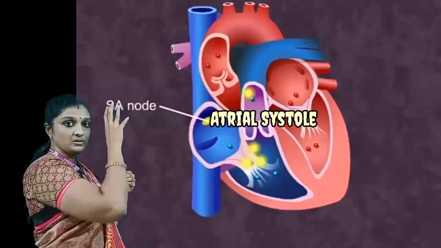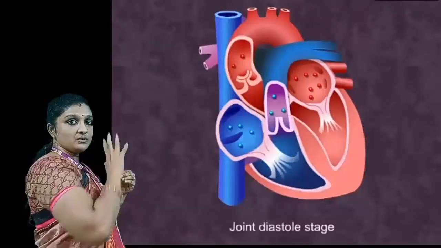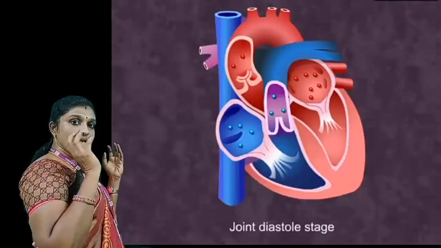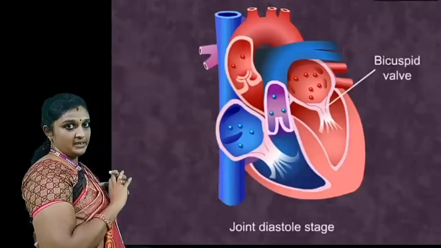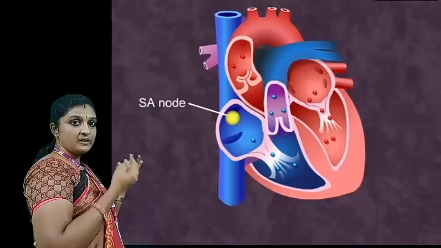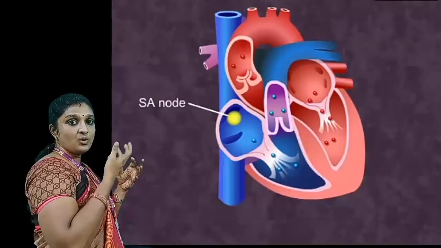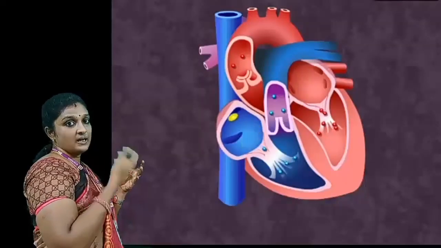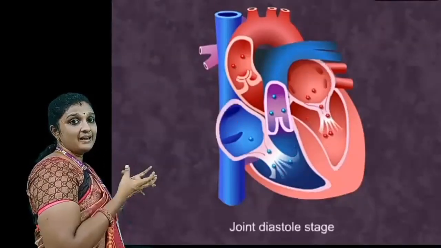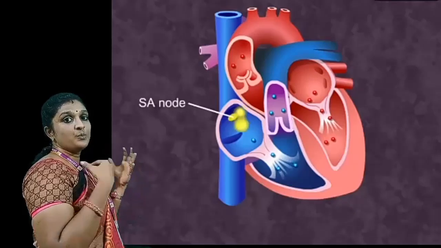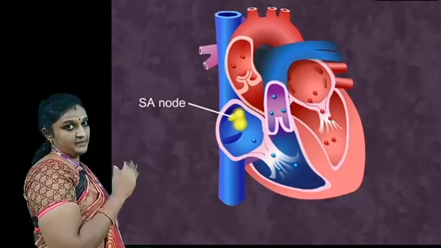So first we saw joint diastole. Because of joint diastole, both the right and left auricle receive the blood. After receiving the blood, it triggers the SAN, the sino-auricular nodal tissue, which gets excited, and it creates a contraction on both sides of the auricle.